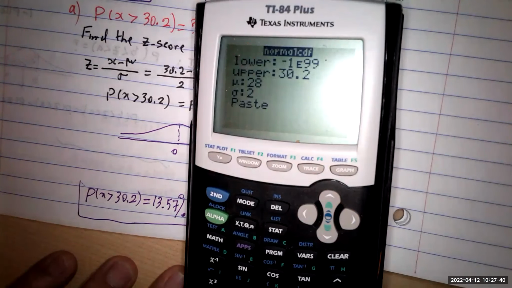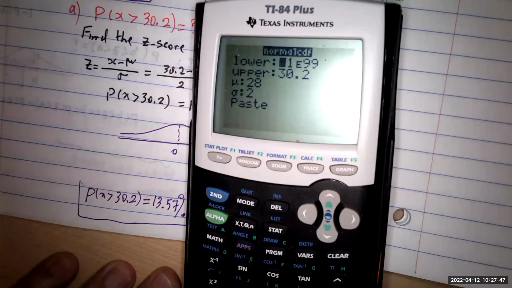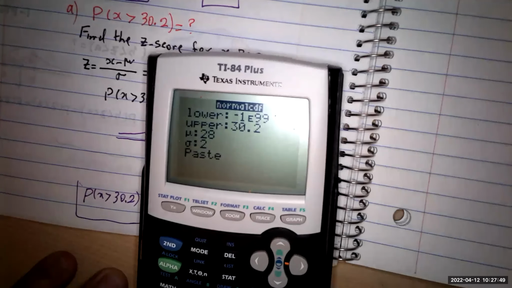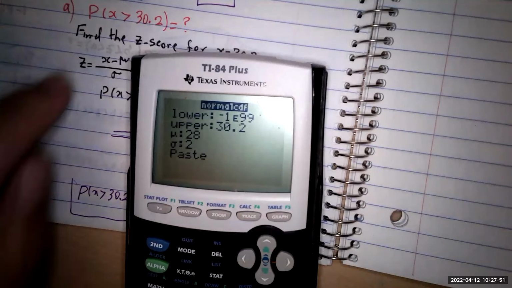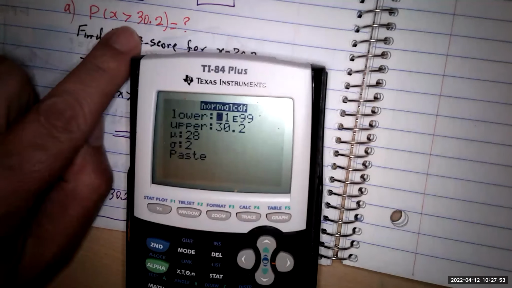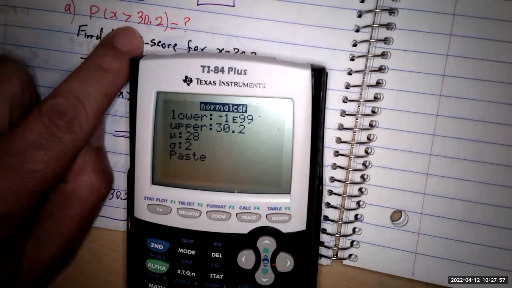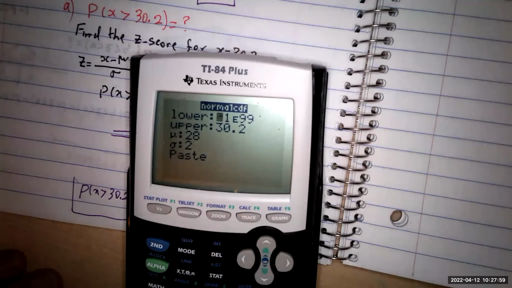Otherwise, you can type it yourself. So you put the lower and the upper. In this case, you are interested in finding the probability that X is bigger than 30.2. So the lower number is 30.2, and the upper number is infinity. This is the way you are going to do it.